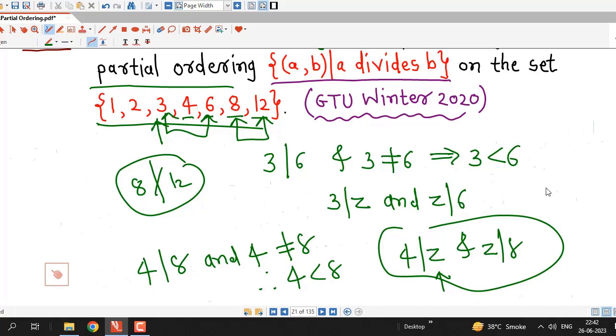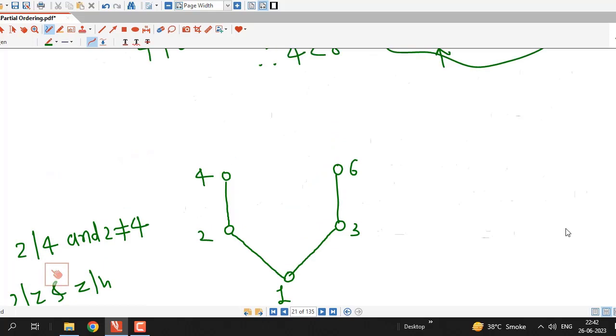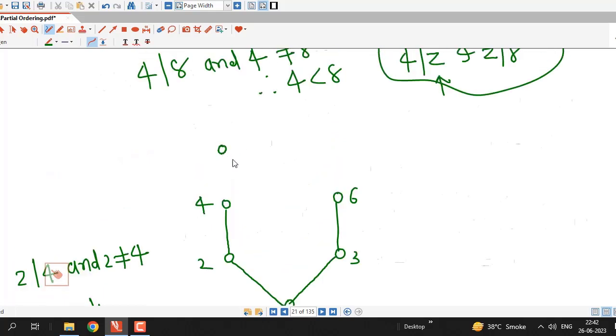So I can say that 8 is a cover of 4. 8 covers 4, and therefore I will consider a line segment between 4 and 8, and you can check that 12 covers 6. 6 divides 12 and 6 is not equal to 12.